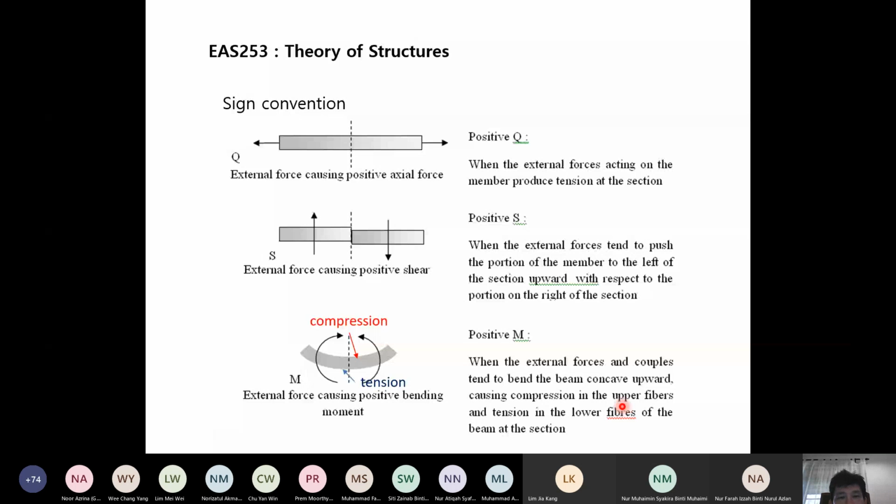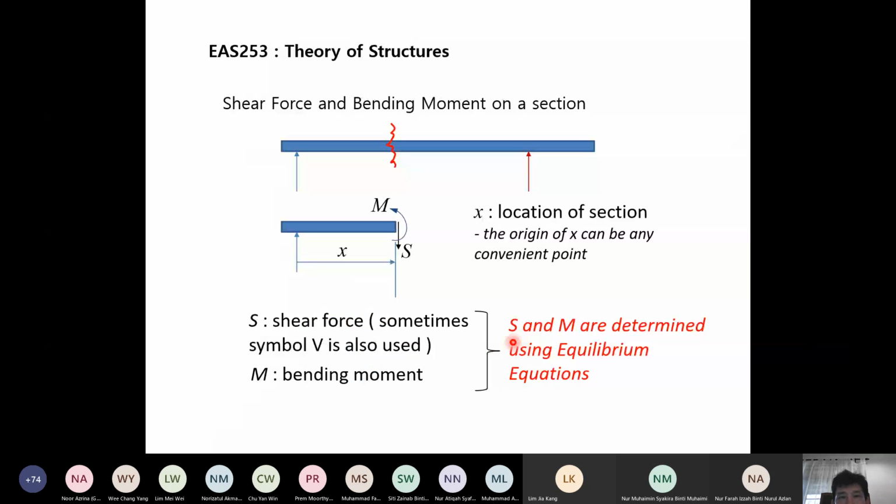So this convention is useful for you to remember when we want to draw how the beam will bend later on. So class, this is the sign convention that we adopt, okay? And it is important for you to remember the meaning of it.